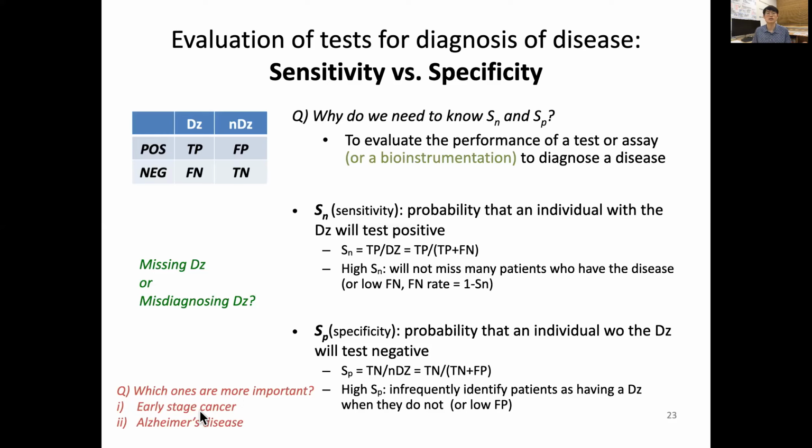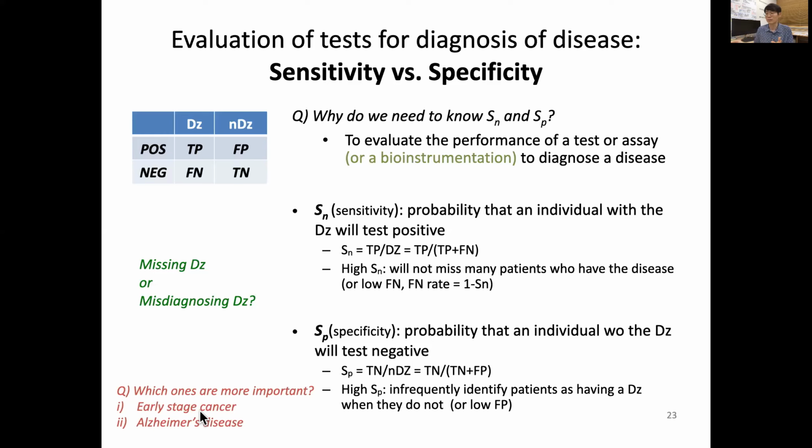Let's say early stage cancer. Cancer is a very important disease because it can be fatal. If you don't diagnose well enough at the early stage, if you miss the early stage cancer, then it turns out to be real cancer later on, and at a later stage it is more fatal.